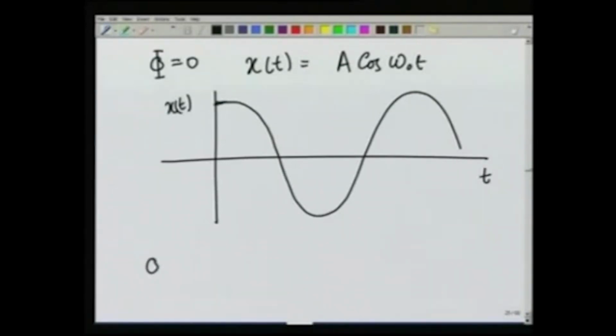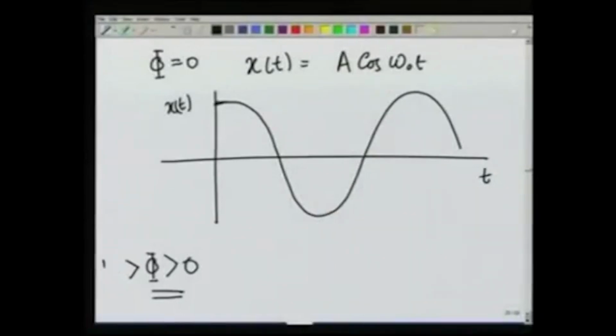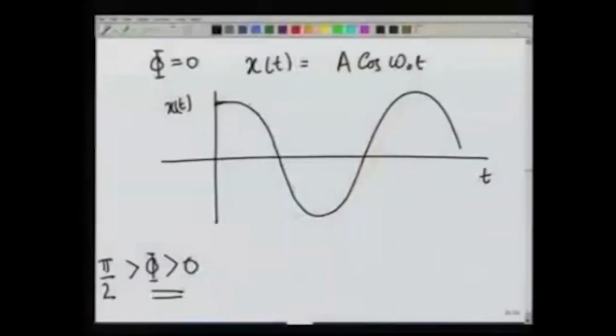What happens in the case when phi is greater than 0? If phi is greater than 0, and let us first take the case of it being less than pi by 2. In that case, the motion starts at t equal to 0 such that it would have already achieved a phase that it had at a little later time in the case of phi being 0.